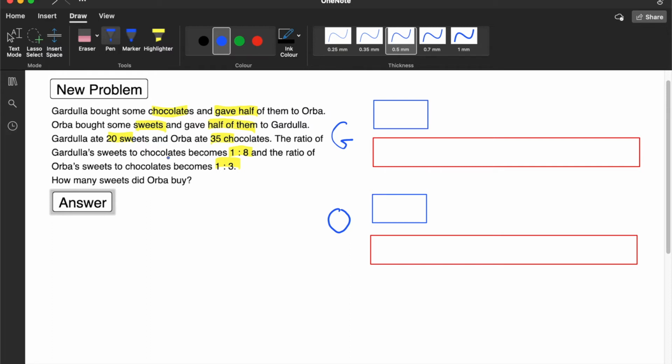The ratio of the sweets to chocolate becomes 1:8. Right, so let's draw that part. So Gardula is going to eat 20 sweets. So this is 20. And what is left is this part. And the ratio of this part to the chocolate is 1:8. Right, so let's draw that part.